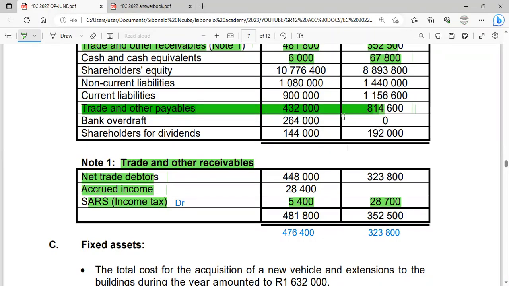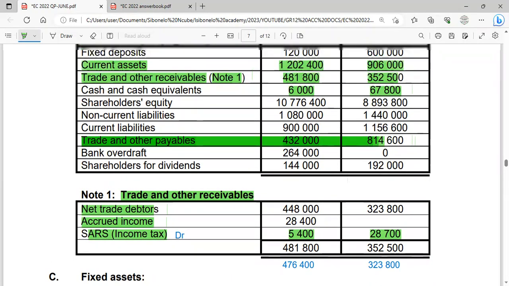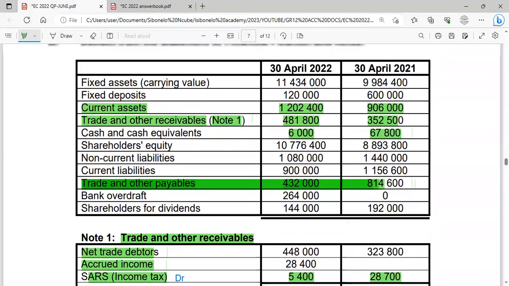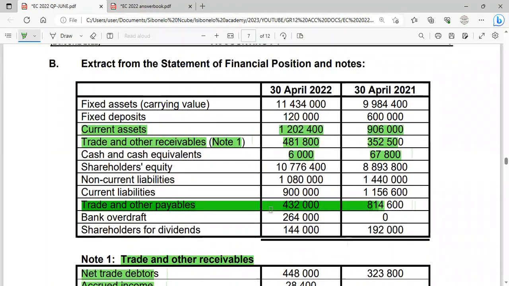Now, what effect has this caused to our bank balance? Has this increased or reduced our bank balance? Last year, that is 2021, is the end of the previous year, so automatically it becomes the beginning of the current year.